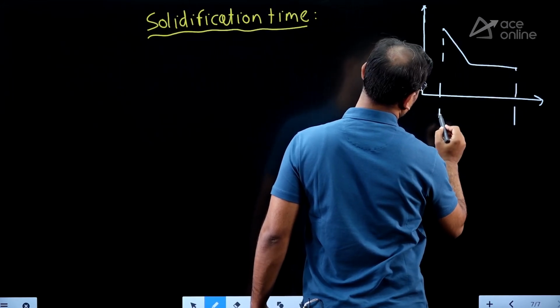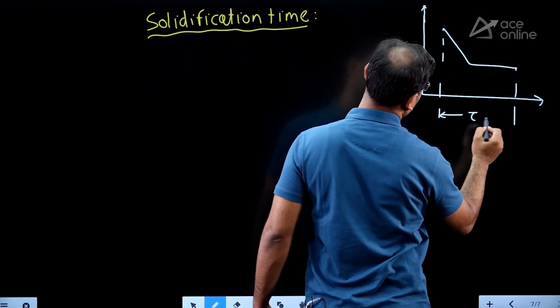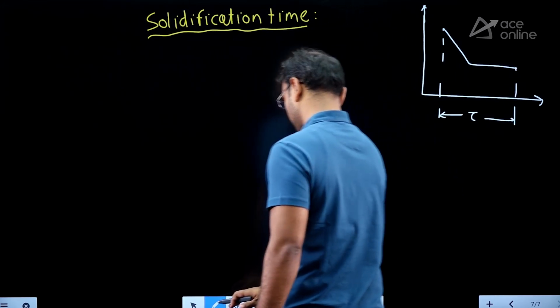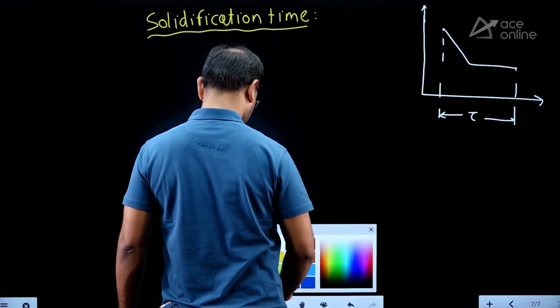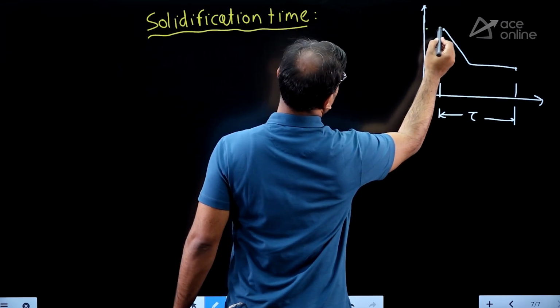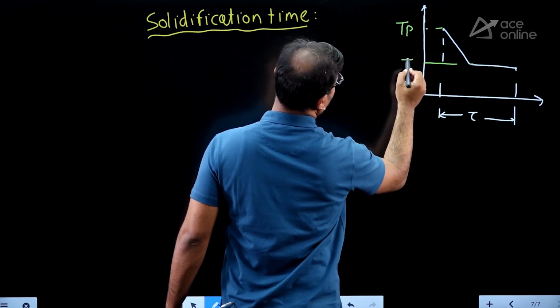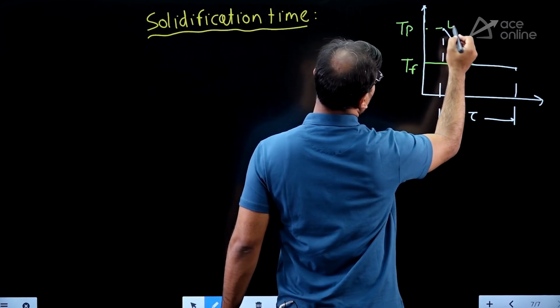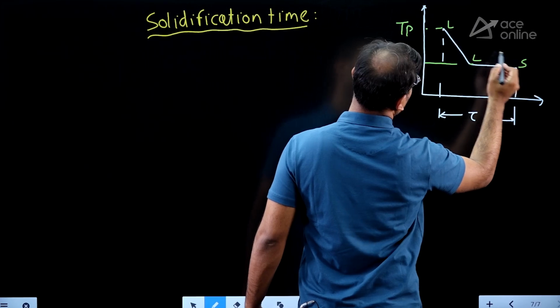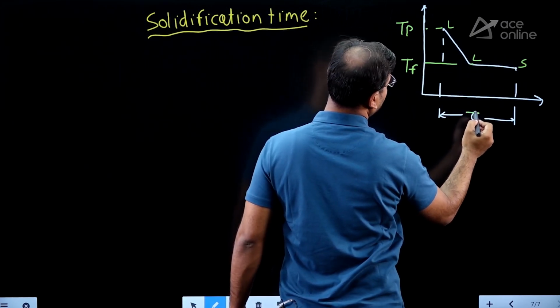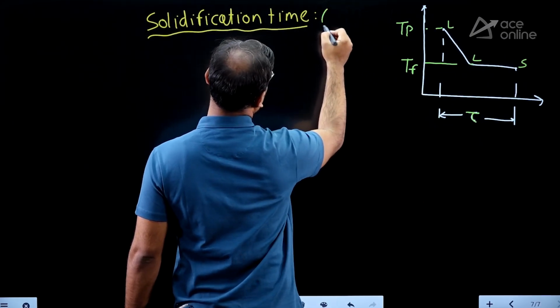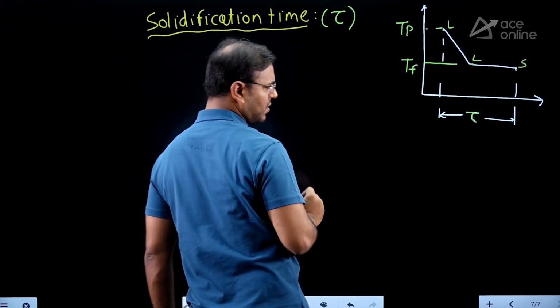Yes, this time is known as solidification time. Here you can see the pouring temperature and here the freezing temperature, here the liquid and here the solid. This tau is known as the solidification time. Understood?